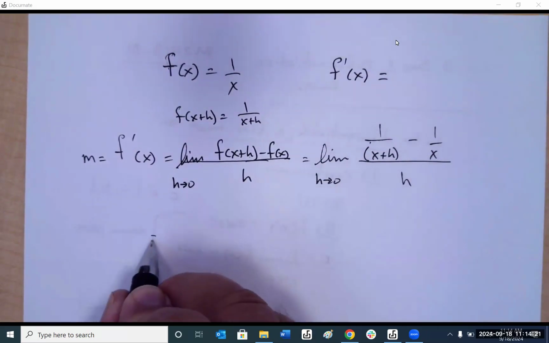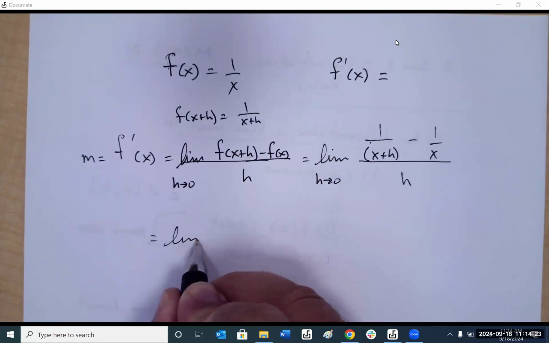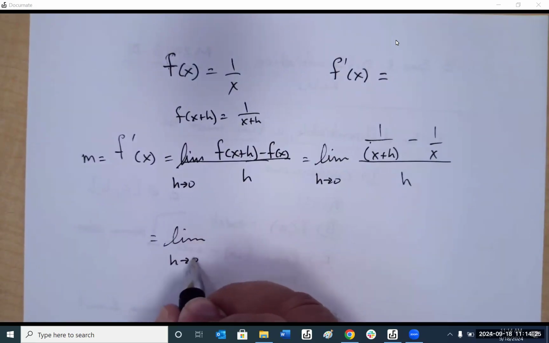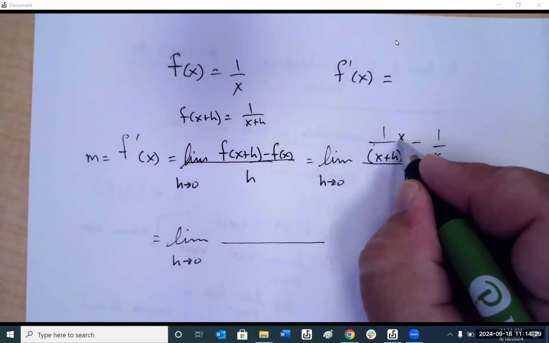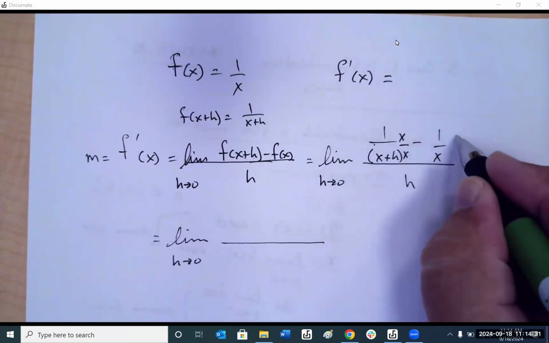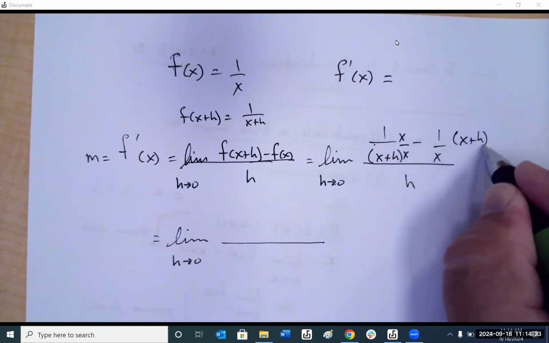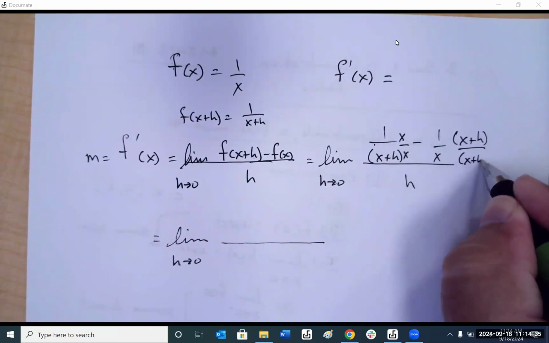Now we have to algebraically fix the top. We have to get a common denominator. So this one multiplies x over x. This one's x plus h over x plus h.